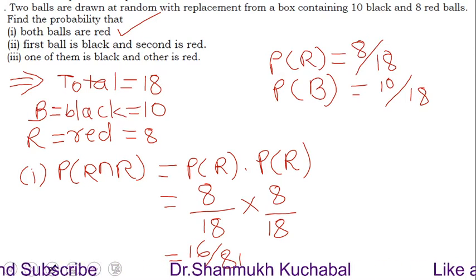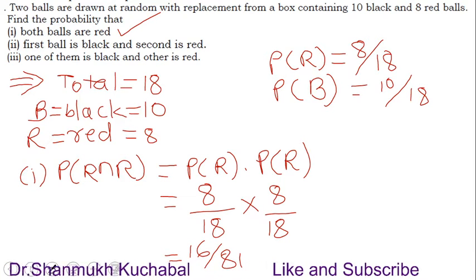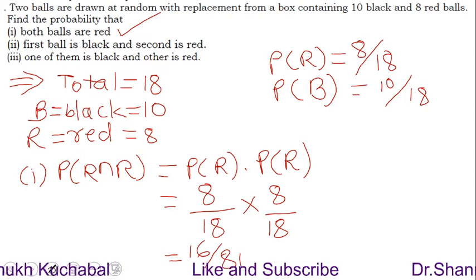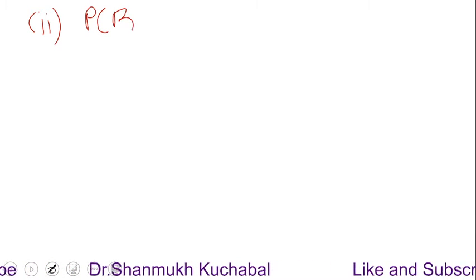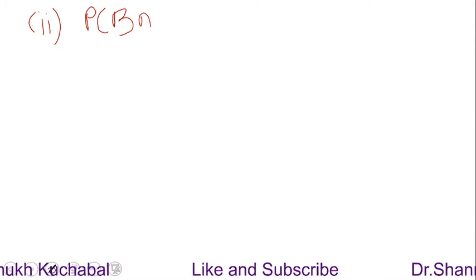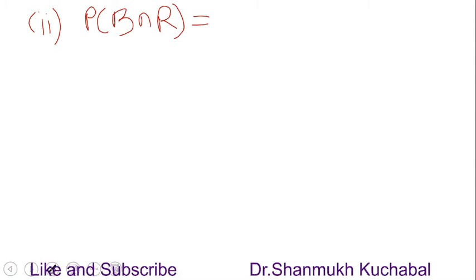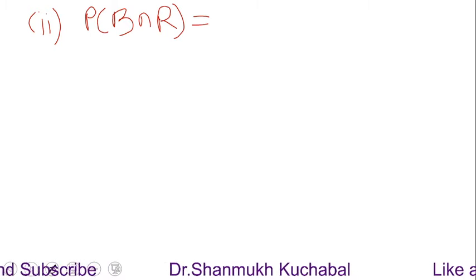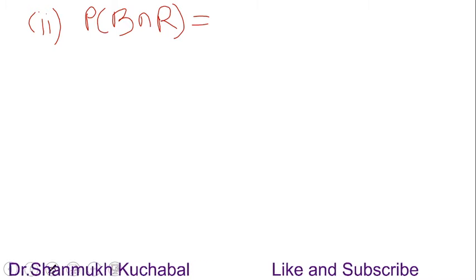Now we'll go for the second sub question. The first ball is black and the second is red. So the first one is black, we take the probability of B, and the second one is red, and it is an intersection with R. The events are independent, so the intersection we take as a multiplication.